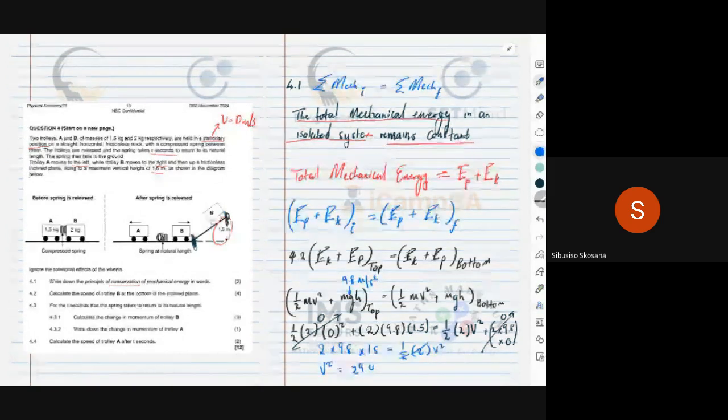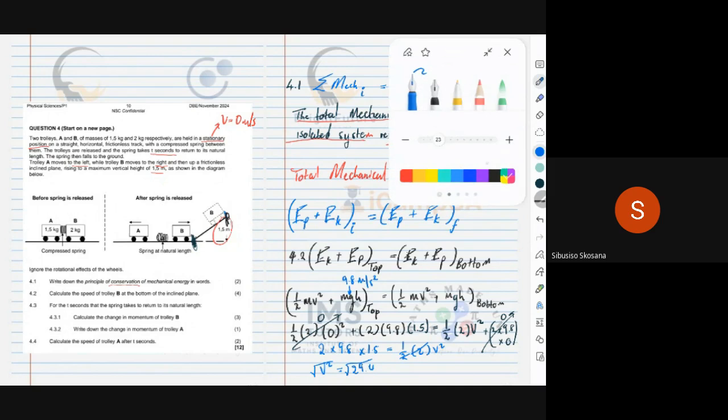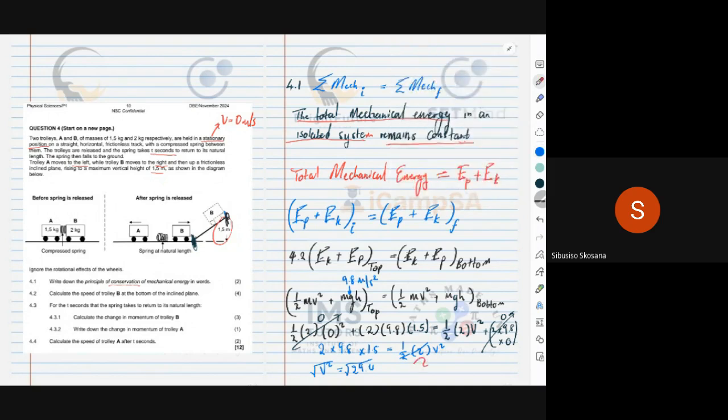Root both sides. So therefore, your V final is going to be 5.42 meters per second. Okay, so this is how it actually works.